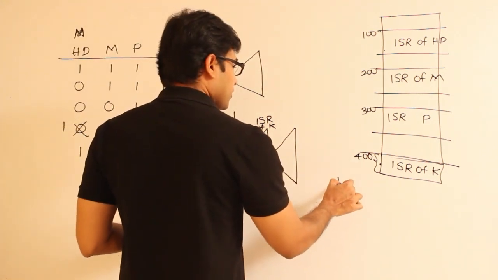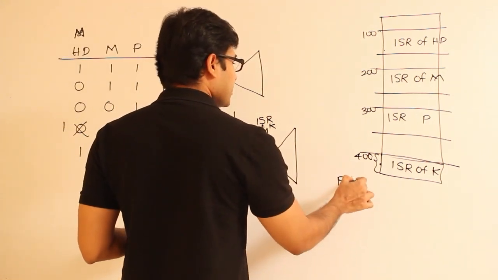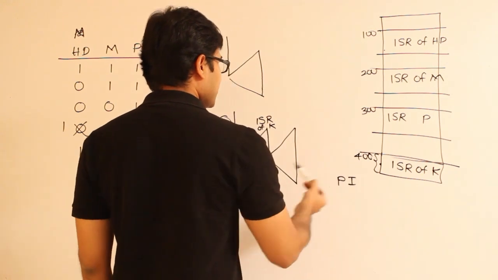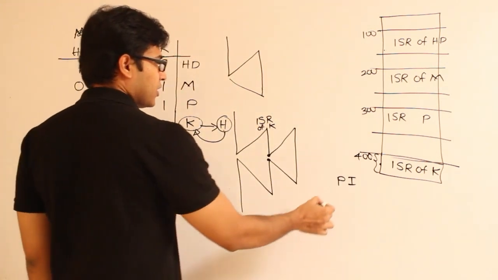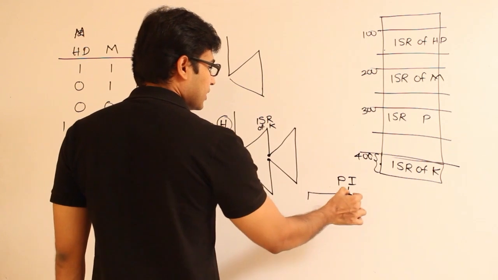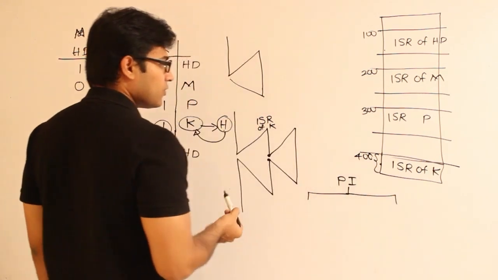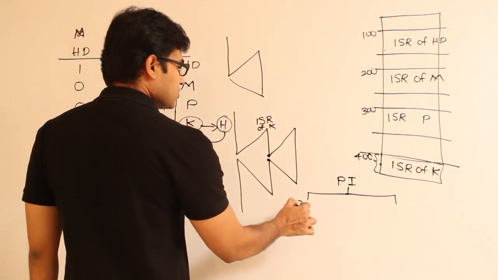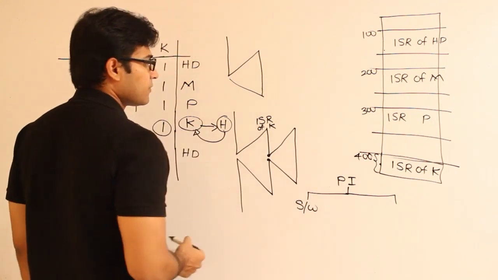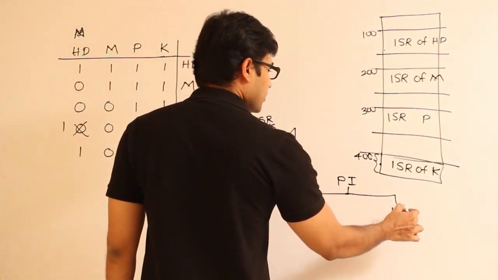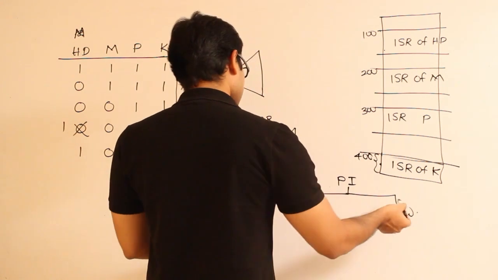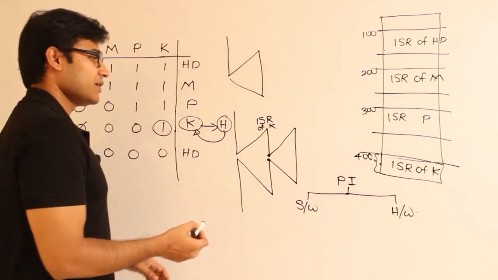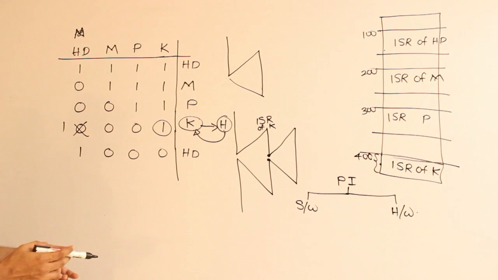We are trying to implement priority based interrupts. PI means priority based interrupts. There are two ways you can implement it. One is software based implementation and the other one is hardware based implementation. Whenever I say it is hardware based implementation, it doesn't mean that there is no software involved at all.